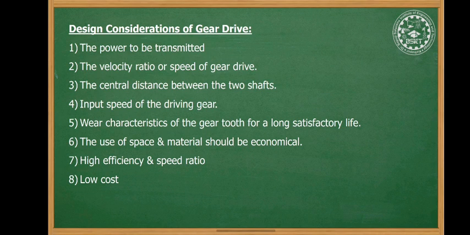Wear characteristics of the gear tooth for a long satisfactory life: for better performance, the gear should not wear for a long period of time. The use of space and material should be economical, with high efficiency and speed ratio, and last and important is the cost. The cost of the gear should be as low as possible.